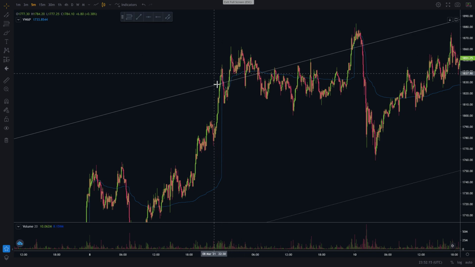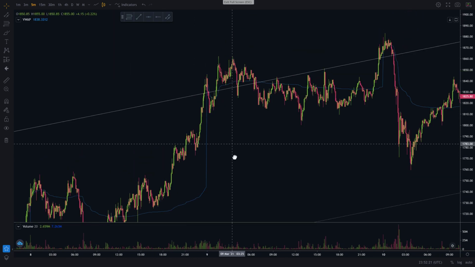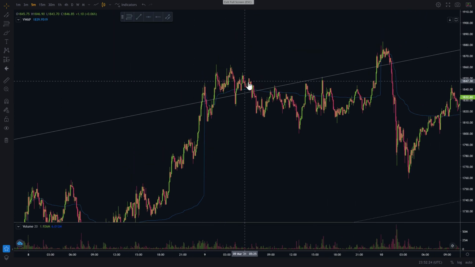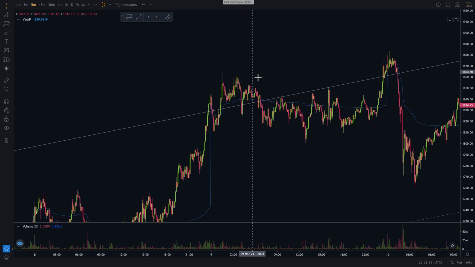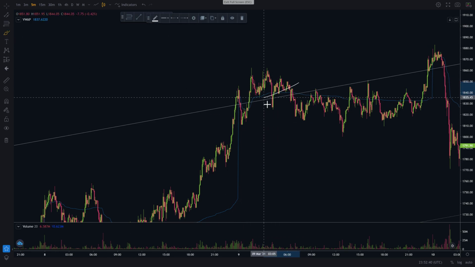You have again two reasons: the buyers from lower were booking profits here, so we are seeing a down movement, and then you have new fresh sellers selling on the top of the channel. Sometimes it's respected really beautifully, but sometimes we can go a bit above and stay above a bit. But this is just deviation.